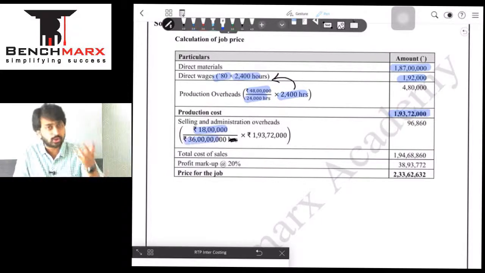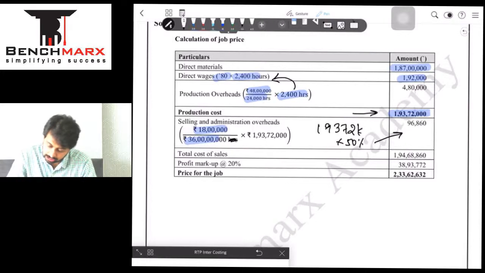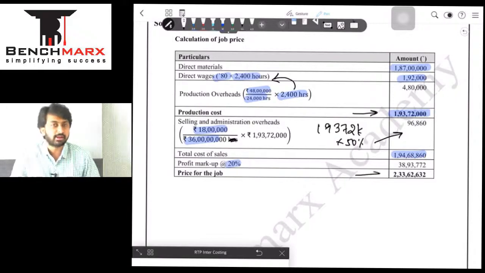Can I say my overheads of S&D were 50% of my COP? Yes, which means 50% of whatever my COP will be, this figure. 193.72k into 50% will be this figure of absorption, and doing this I will get my total cost, and at 20% markup I will get my selling price or the quotation price for the job.